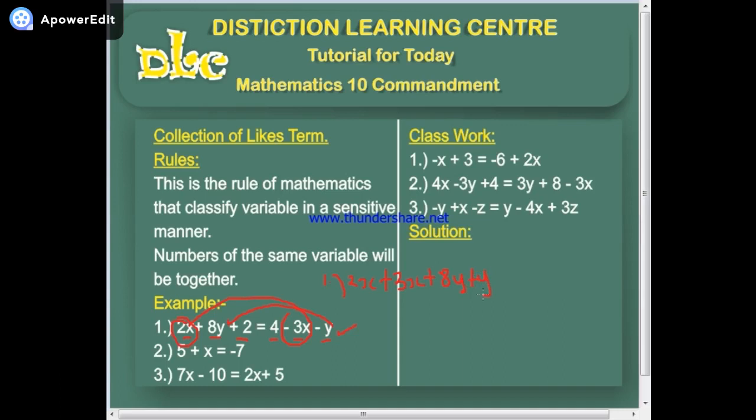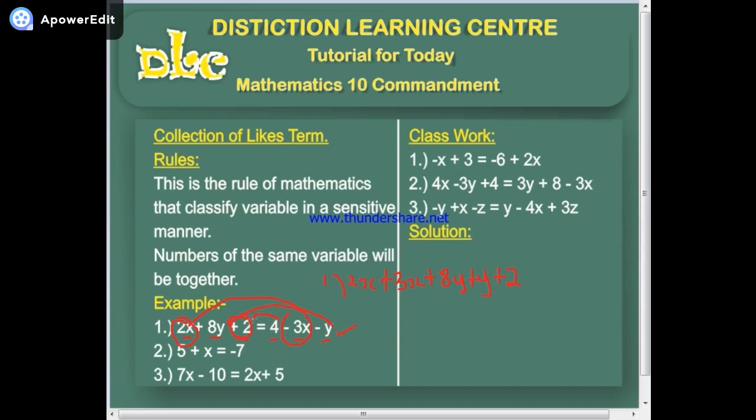And we have numbers there too, that is numbers that don't have any alphabet, which are 2 and 4. So we first write 2 because 2 is already at the left hand side. That is plus 2. And there is plus 4, which we now cross over to meet these.